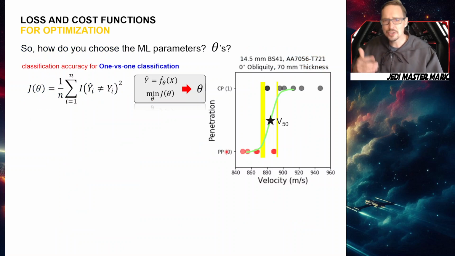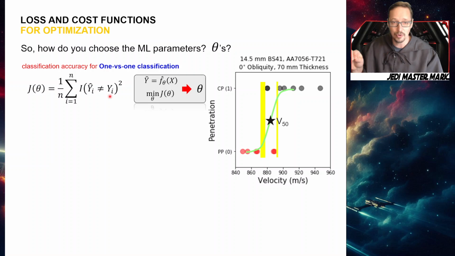Okay, so how do we choose these machine learning parameters, the thetas? When you start to shift to classification tasks like this, mean squared error isn't as good of an option. One way that you could do this is you could look at your y's, which are your actual responses.